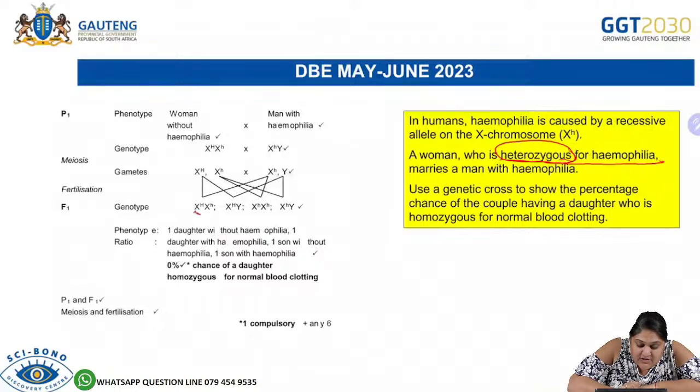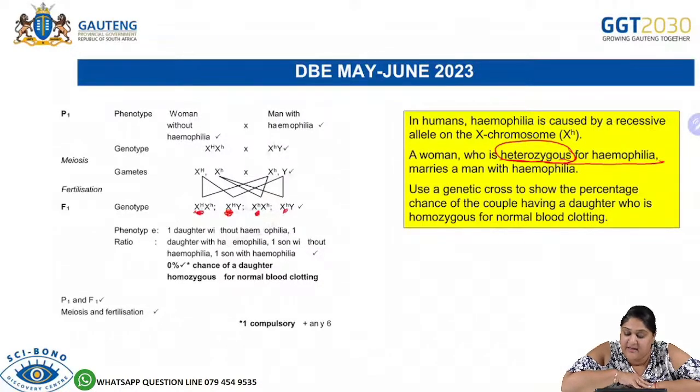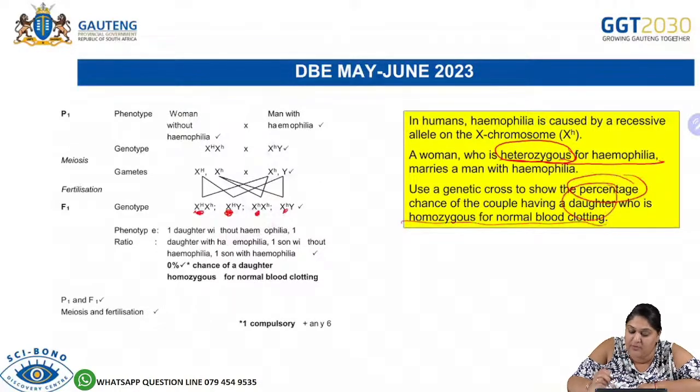So let's look. This is one daughter without hemophilia, one son without hemophilia, one daughter with hemophilia, and one son with hemophilia. Okay, but they want to know what is the percentage chance of the couple having a daughter who is homozygous for normal blood clotting.